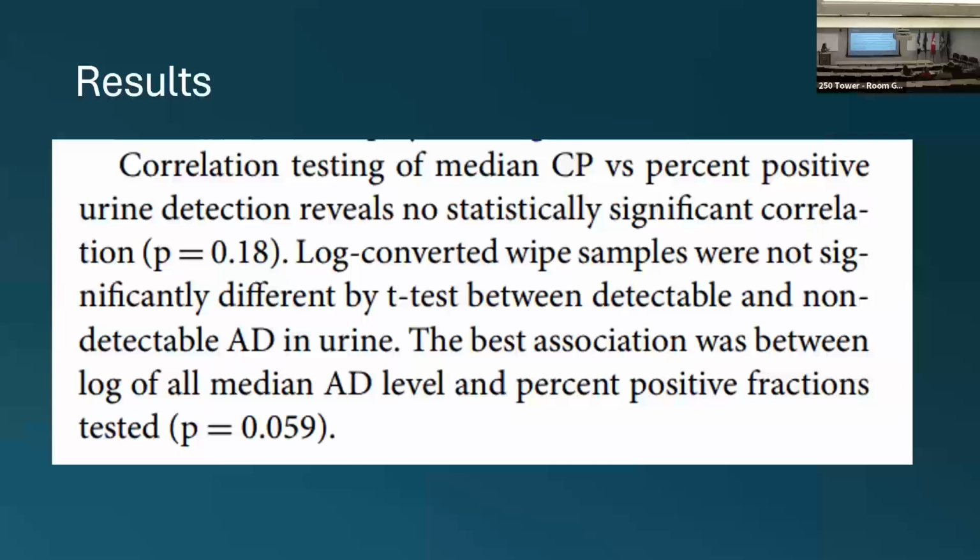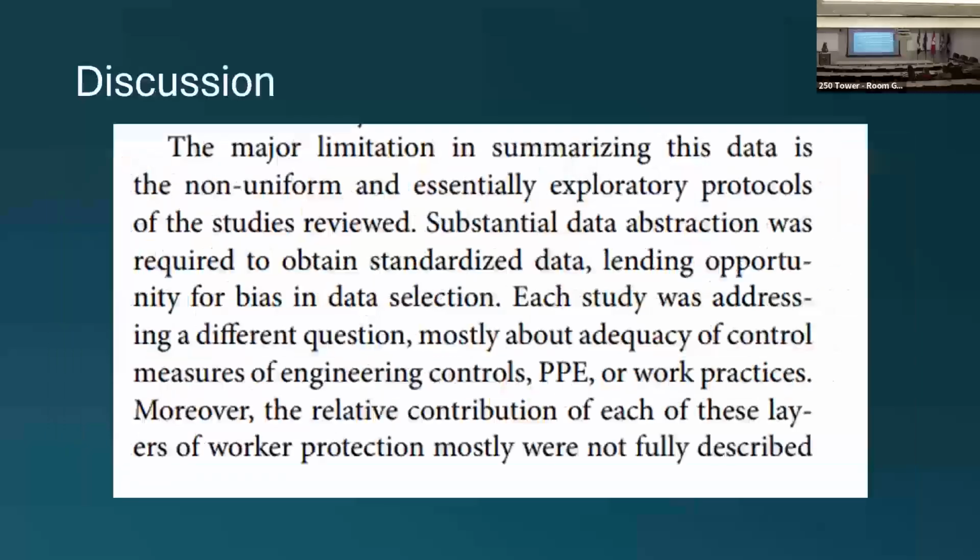I just took this straight from the article to say they weren't really able to find what they wanted to find, and that's the language they used to describe that. So there wasn't an association that they were able to find that was statistically significant between surface and urine samples.